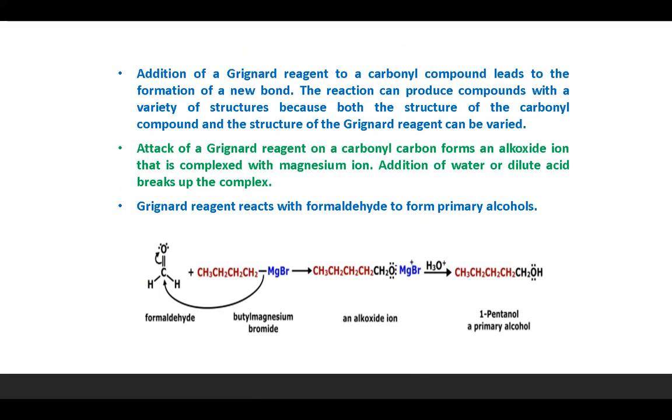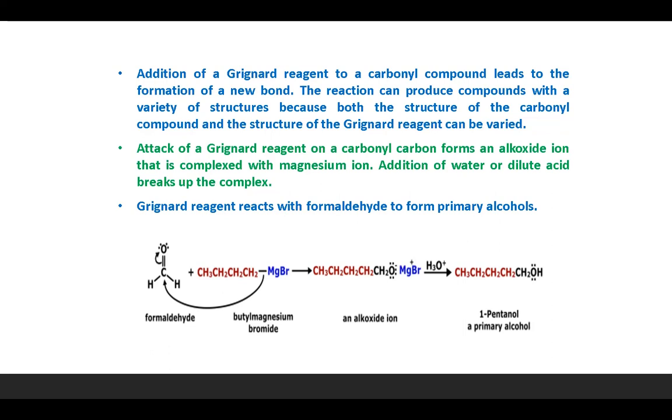Addition of a Grignard reagent to a carbonyl compound is a versatile reaction that leads to the formation of a new carbon-carbon bond. The reaction can produce compounds with a variety of structures, because both the structure of the carbonyl compound and the structure of the Grignard reagent can be varied.